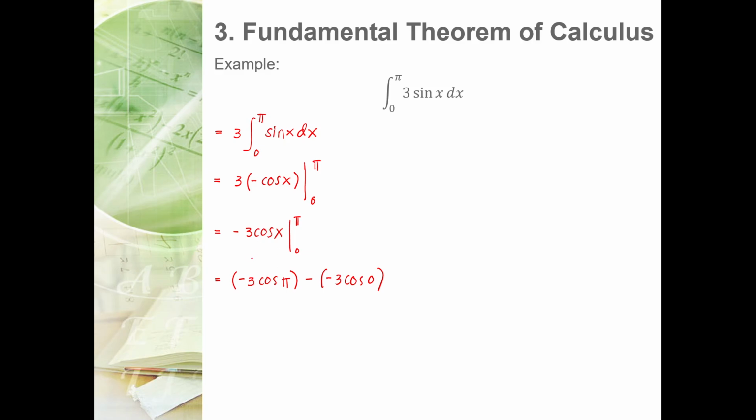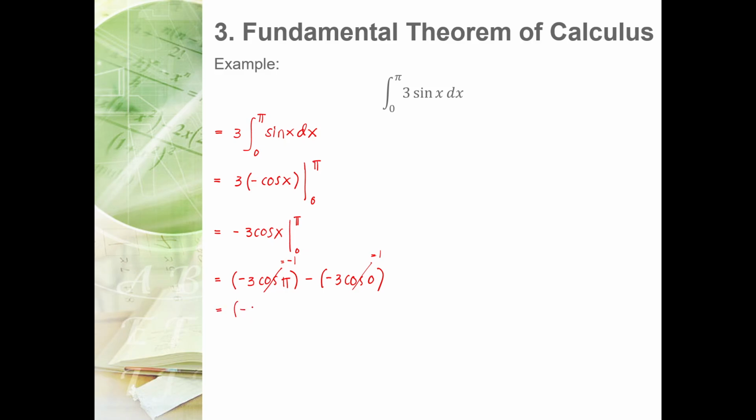Usually if you know the shortcut, the quadrantal angle for cosine, so cosine 0 is 1, so this one is equal to 1. Then cosine pi, the opposite of the 0, the other end of 0 is 180, diba? 180 degrees, or pi. So this one is equal to negative 1.